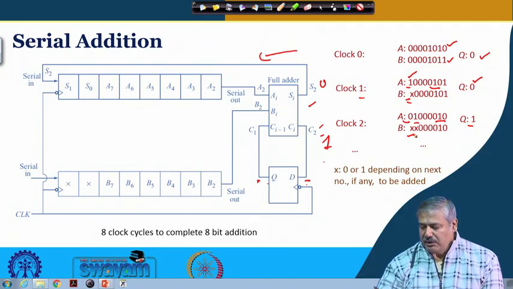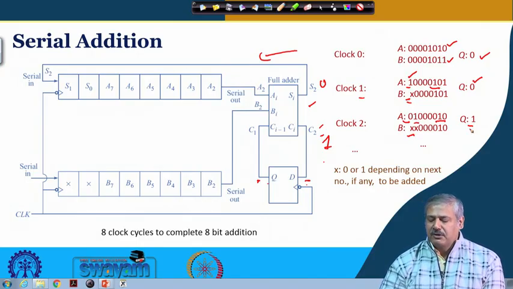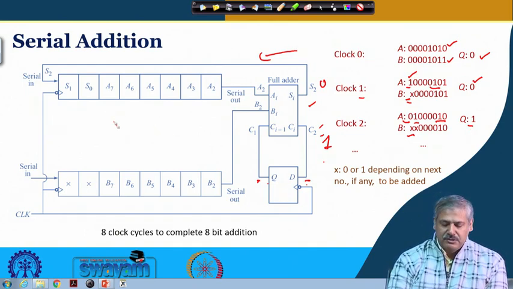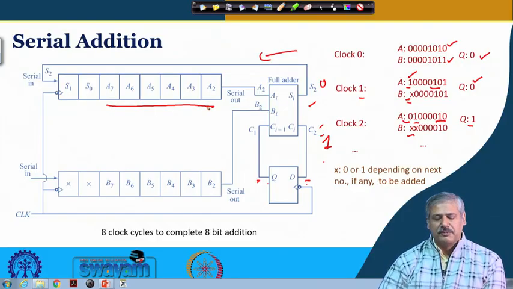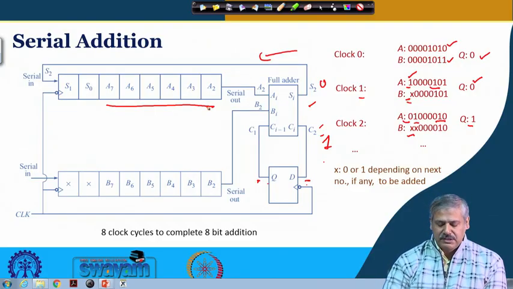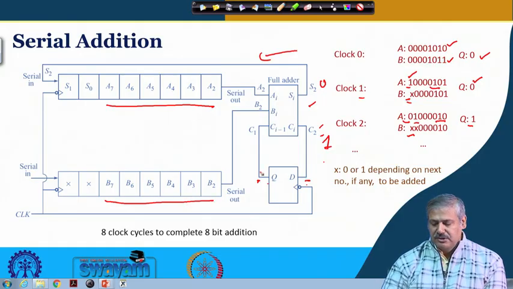This way it will keep going, and after 8 clock pulses the addition will be completed. Is it fine? Here you can see the snapshot of it. A7 to A2 after 2 clock pulses is where it is, and B7 to B2 is here.